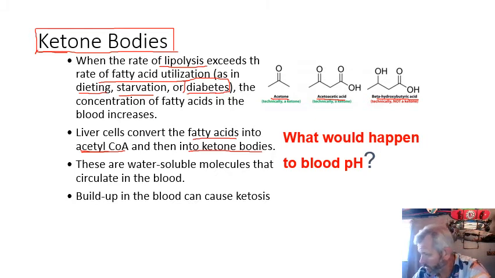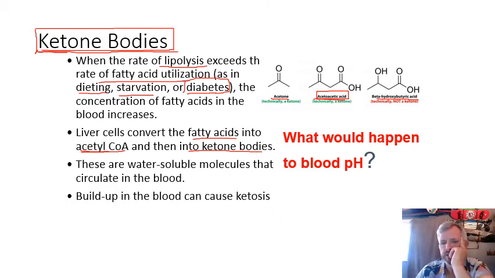Some cells require glucose, but many of the cells can use alternative fuels. One of those is your ketone bodies. Ketone bodies are acidic. So if you were doing a ketogenic diet, do you think your blood would be more on the basic side or starting to go more on the acidic side?